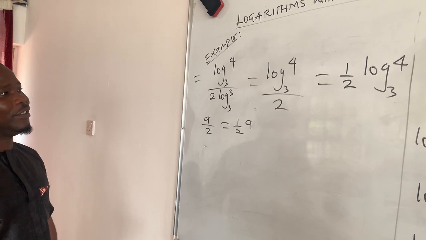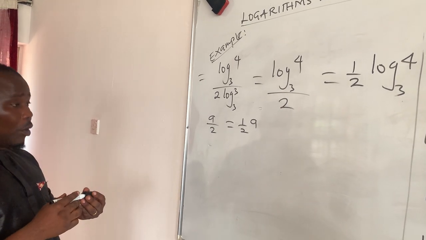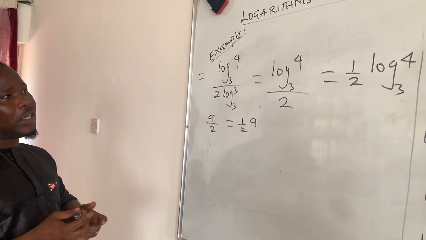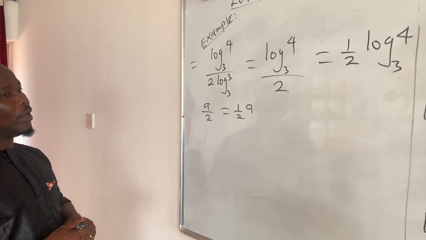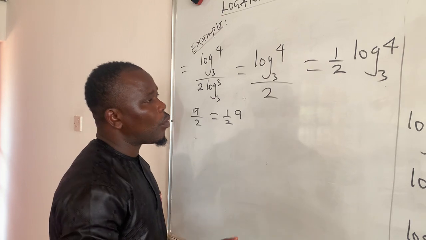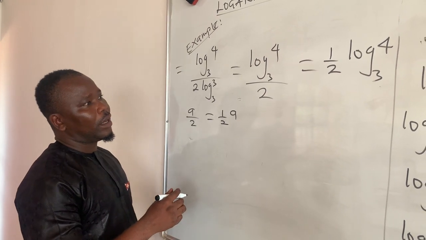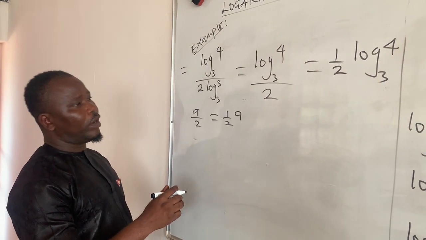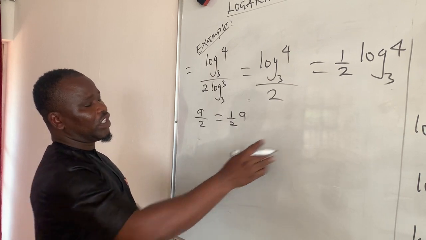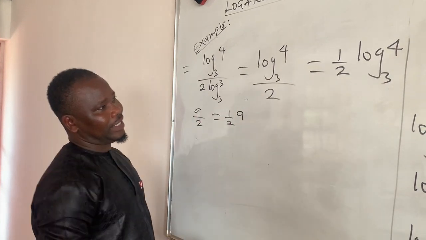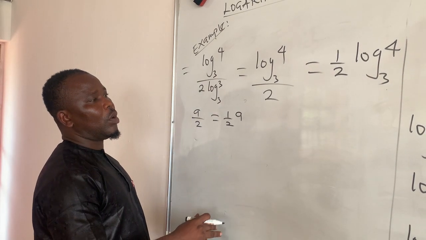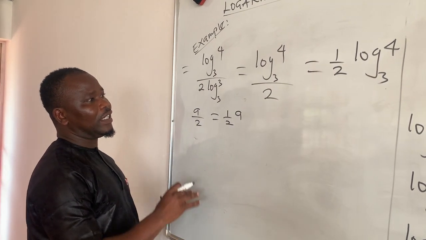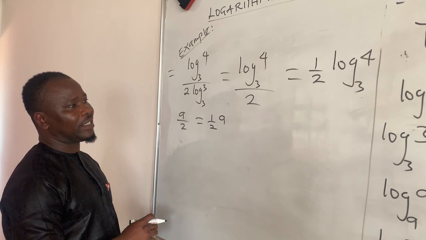So now we are going to go back to the question where we have been asked to solve for x. This is our right hand side. We are able to convert it to base 3. So we equate the left and the right hand side.